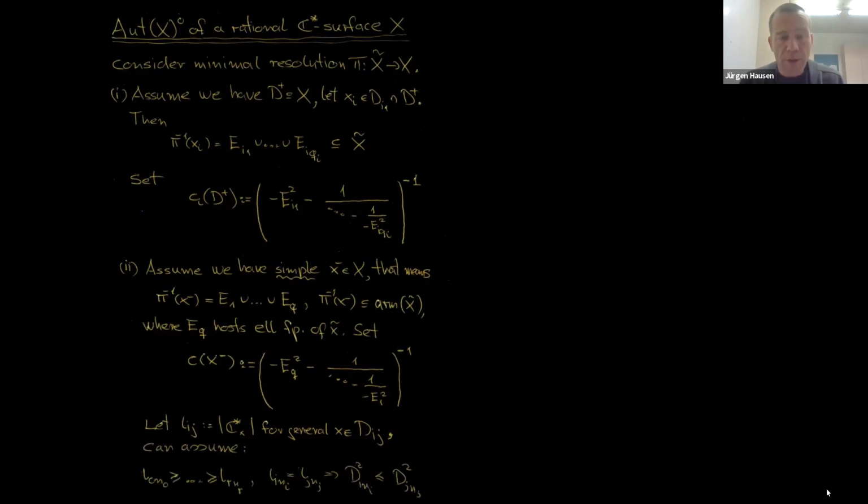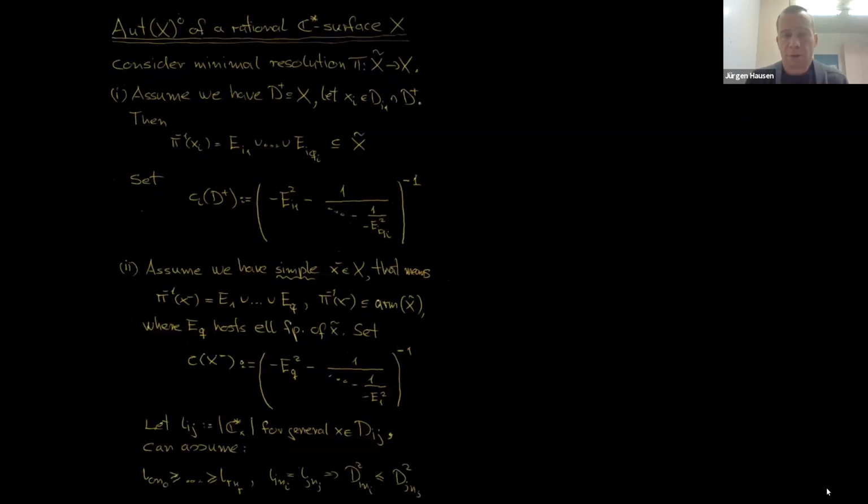By suitably renumbering the arms, we always can assume that L0,n0 is the biggest and Lr,nr, the last one, is the smallest. And in case two of them are identical, then we require that the self-intersection of Di,ni is less or equal to the self-intersection of Dj,nj.